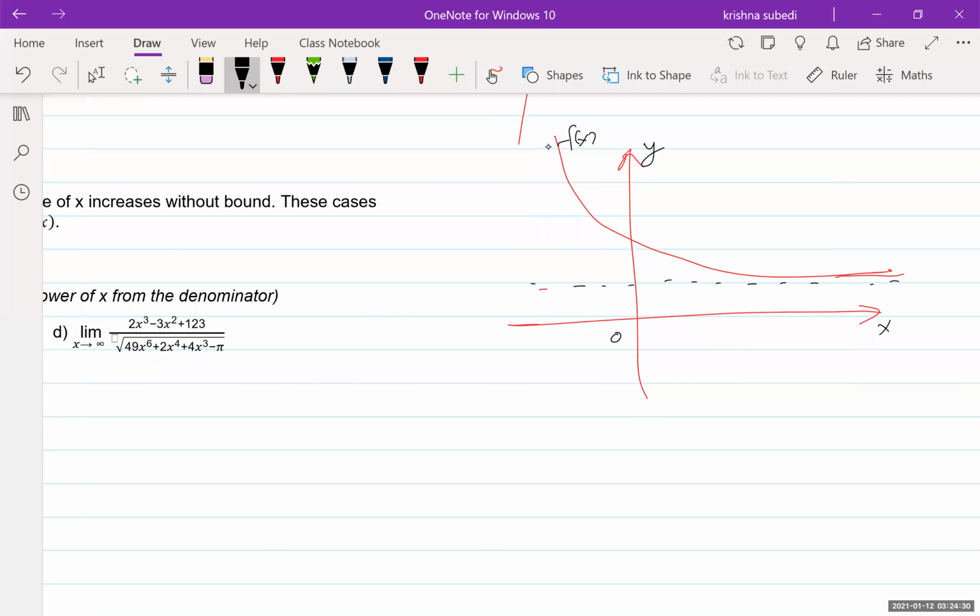Remember, limit means the approximate height of the function. If I ask you limit x tends to infinity of f of x, what I'm asking is that when x goes to infinity, what is the height of the function? Now the question is, we don't know where that infinity is, right? So x is going to infinity, you go to infinity and you measure the height of the function. Is that possible?